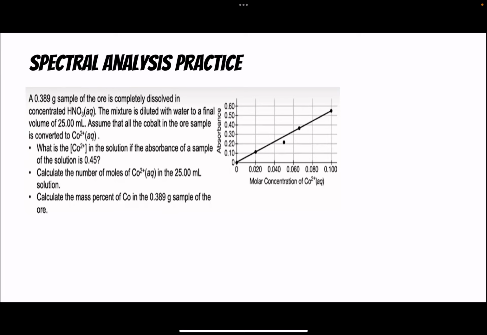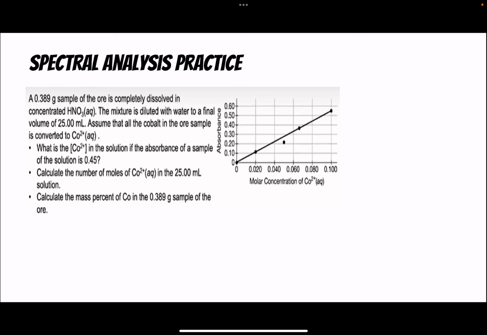All right, so this is an example of what a problem will look like. You have a 0.389 gram sample of an ore. It's completely dissolved in nitric acid. The mixture's diluted with water to a final volume of 25 milliliters. Assume that the cobalt in the ore sample is converted to cobalt ions. First, we're going to look for the concentration of the cobalt ion in the solution.